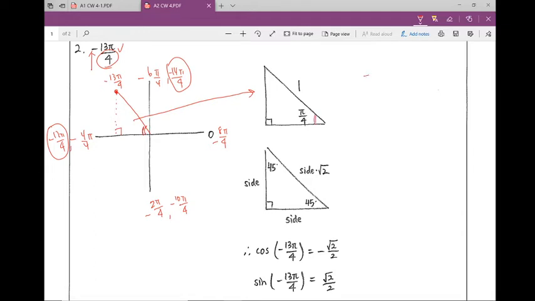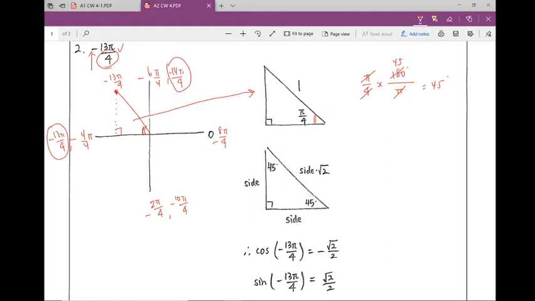Now pi over 4 is going to be the same thing as 45 degrees. And that allows us to reference the special 45, 45, 90 triangle with these specific values.